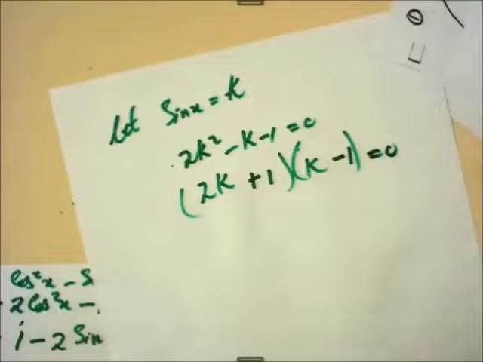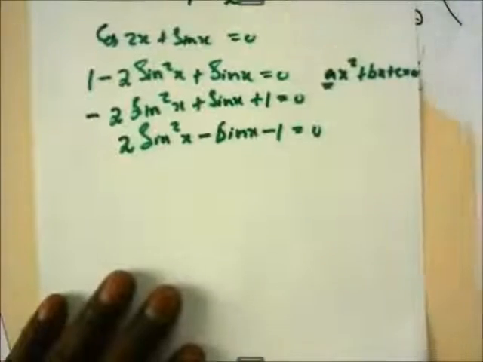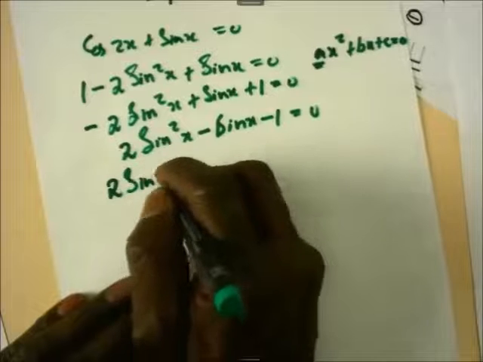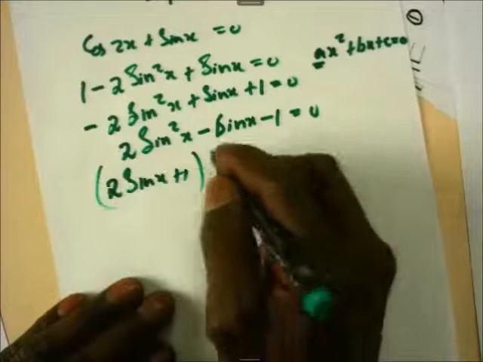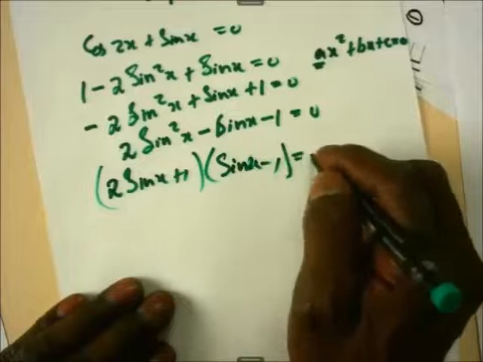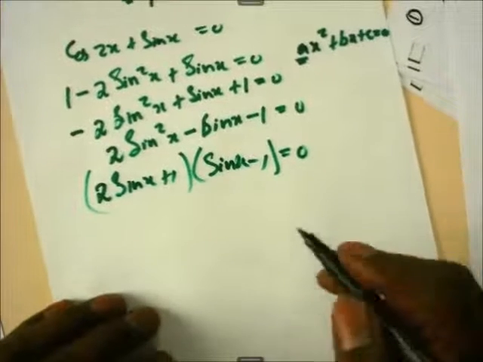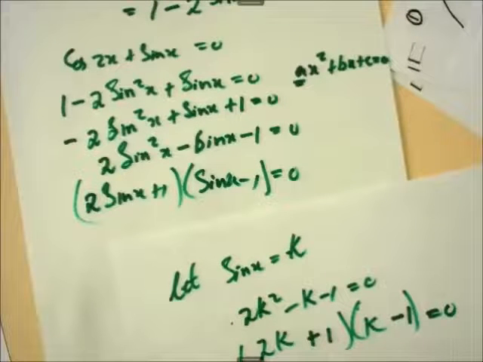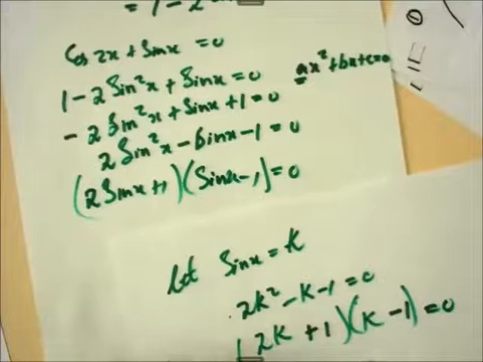So I factorize that, inviting my algebra, so I'll have 2 sine x plus 1 into sine x minus 1 is equal to 0. Then I'm having my format as a times b is equal to 0.